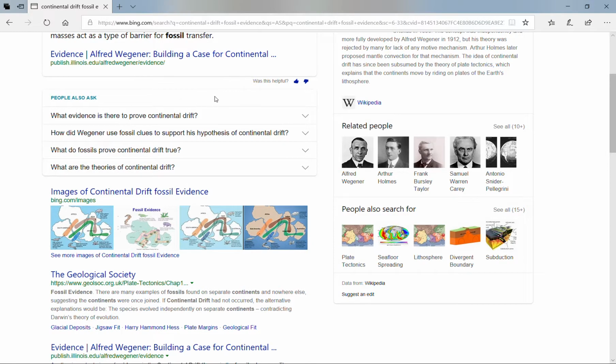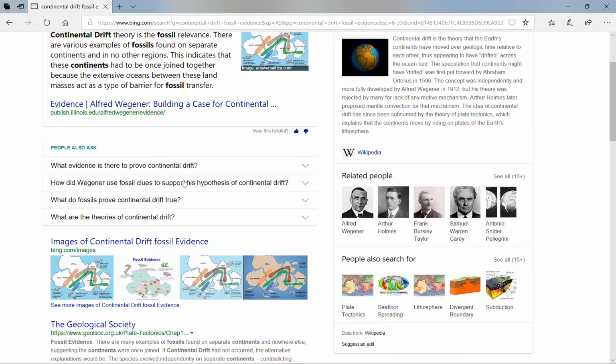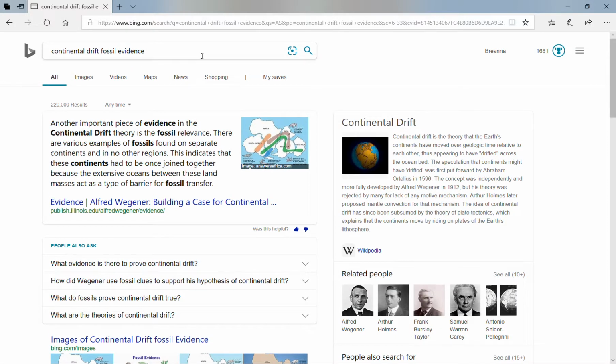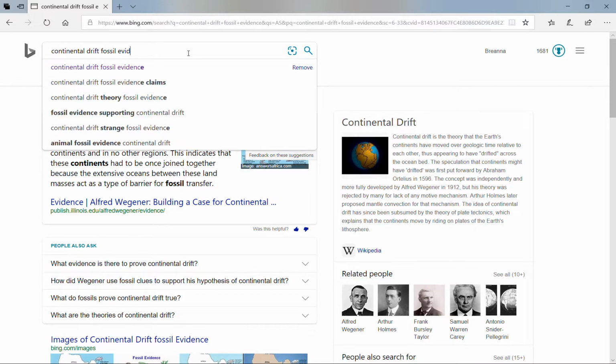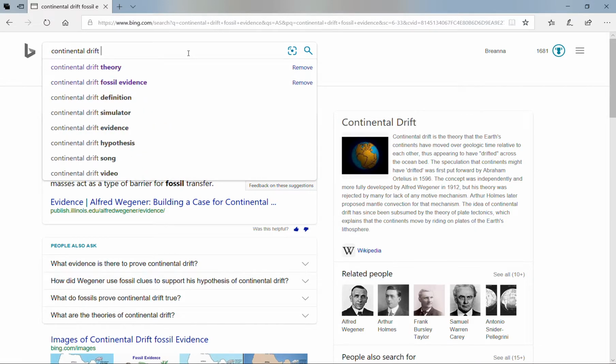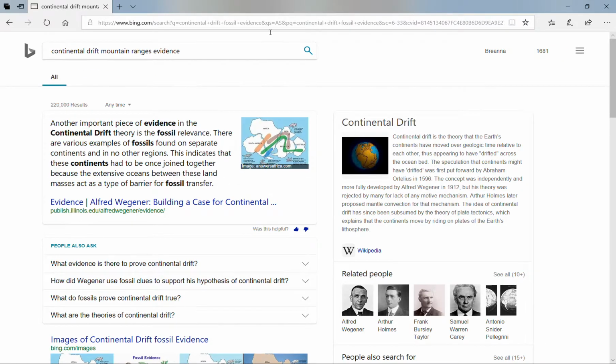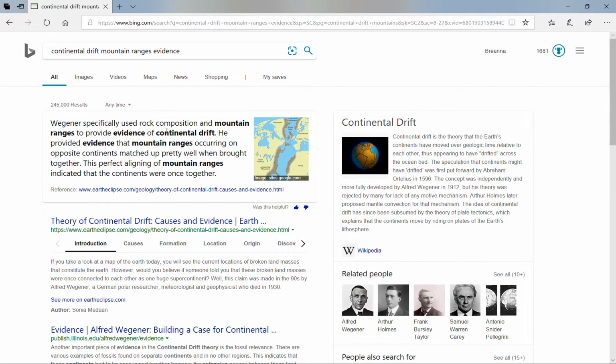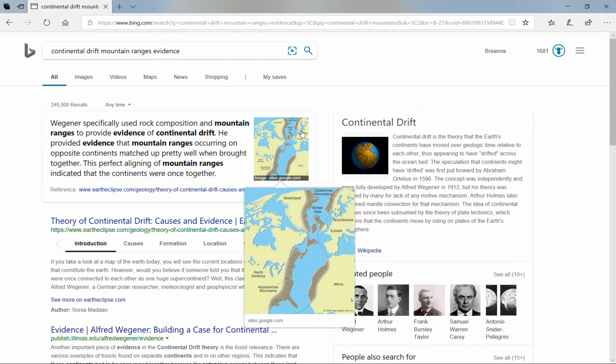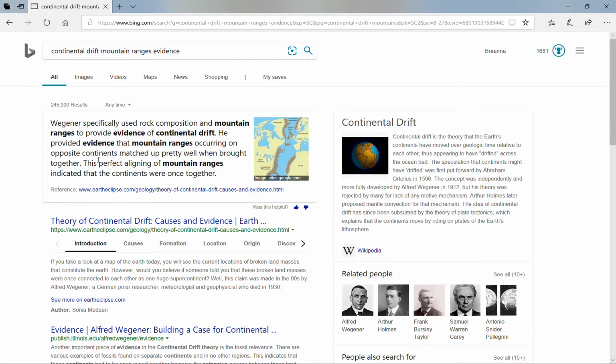is that the mountain ranges lined up. Some mountain ranges were here, and then they would match up perfectly.